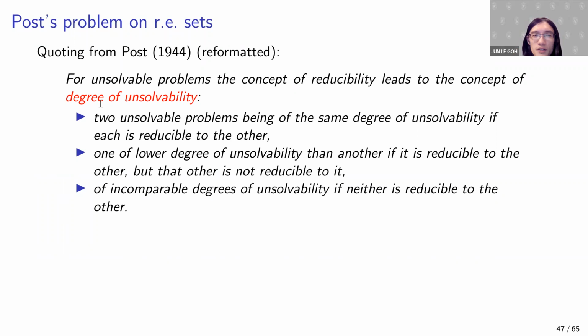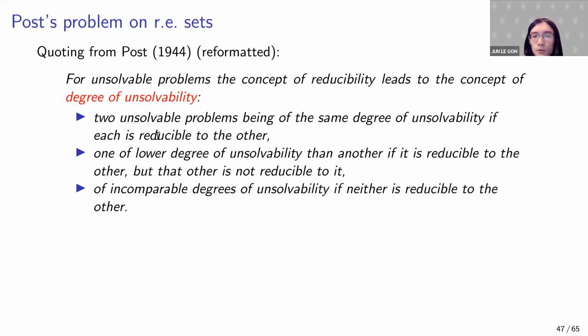So Post was interested in talking about the degree of unsolvability of unsolvable problems. An example of an unsolvable problem is Hilbert's 10th problem, right? Although Post did not know that. Now, what do we mean by degree of unsolvability here?